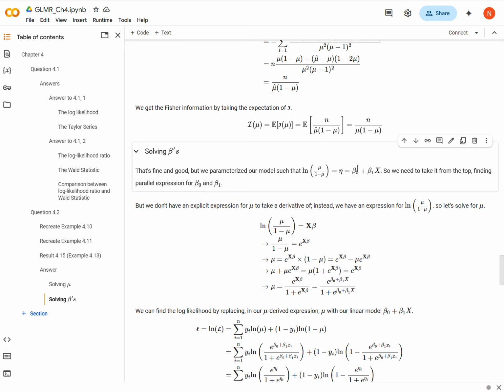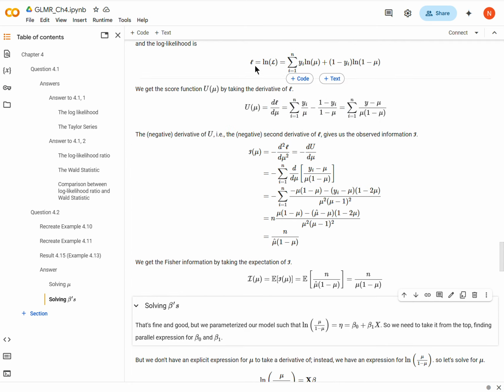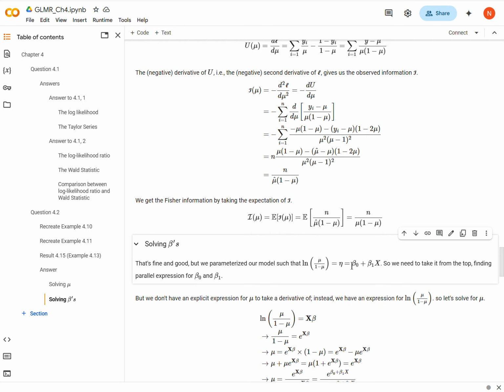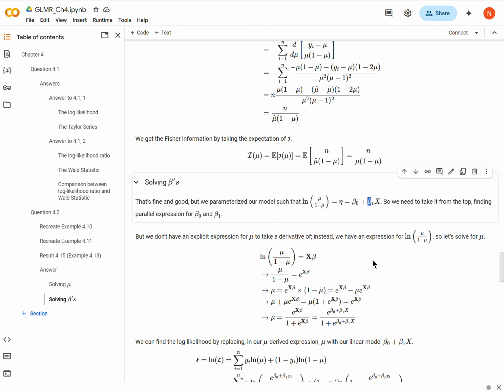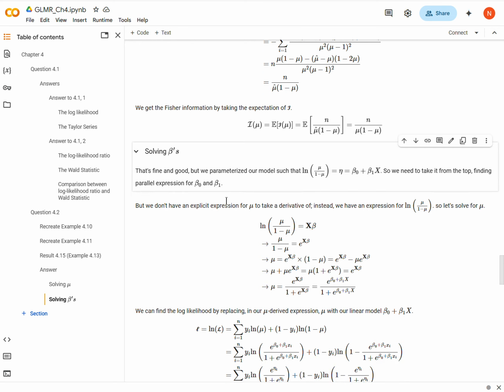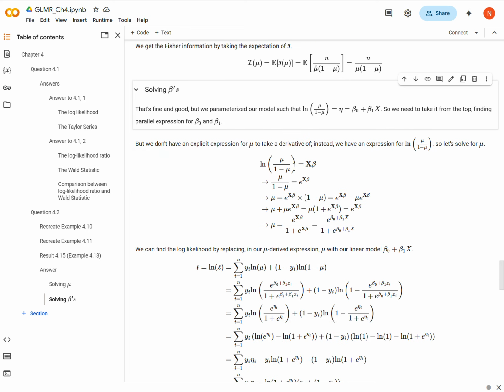So what does this mean? Now we're going to have parallel equations going. Here we just manipulated functions of mu, but now we're going to have functions of beta naught and beta 1. So maybe the first thing we can do is to derive the expression for mu, because we have this equals this. So maybe we can find what mu is, and we can go through that derivation here.